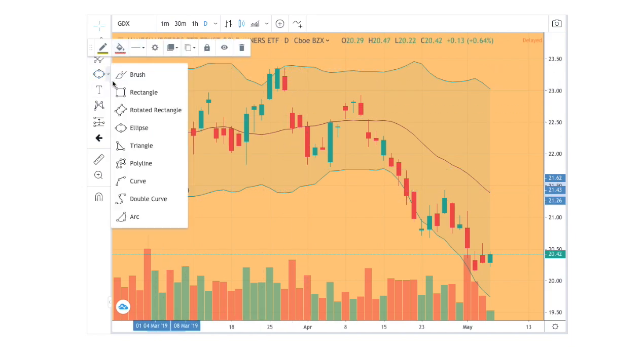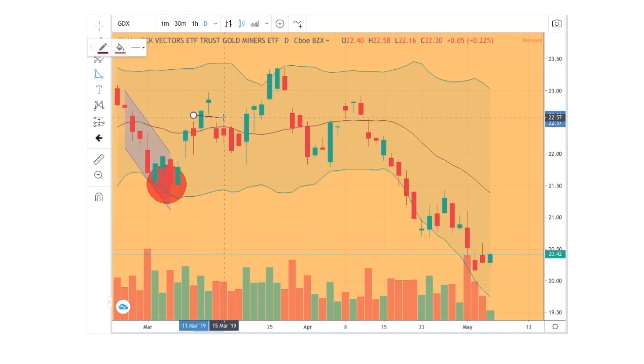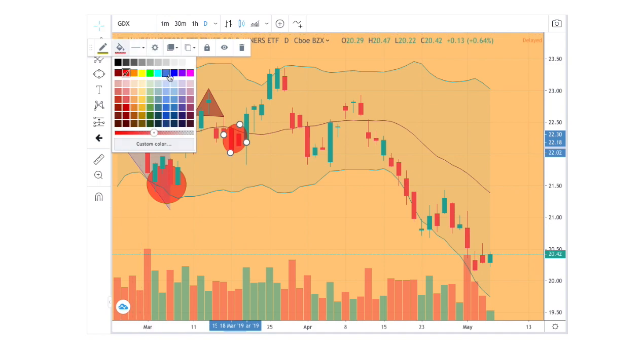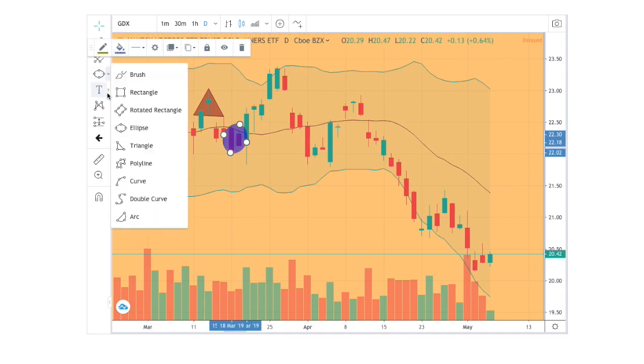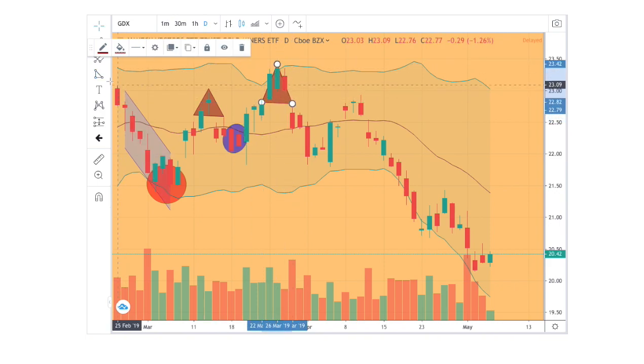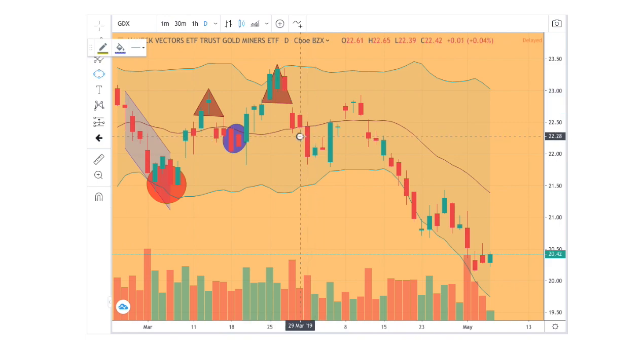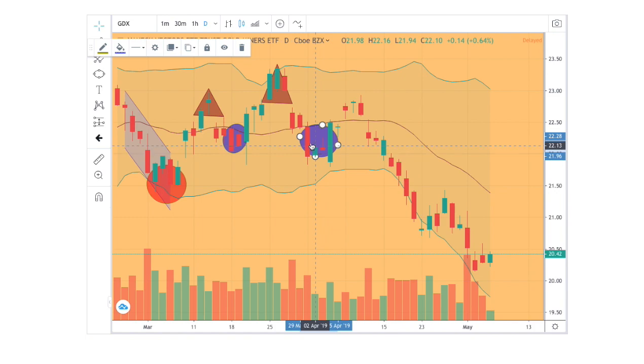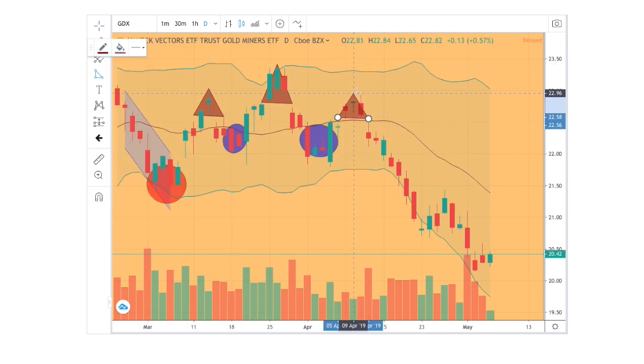we proceed to make a peak at this point here, and then we touch back to the middle Bollinger Band, and then we see another peak once more. So we started to see an M shape, and then another support on the middle Bollinger Band, and then we see another peak, and then we proceed on down in the downtrend.